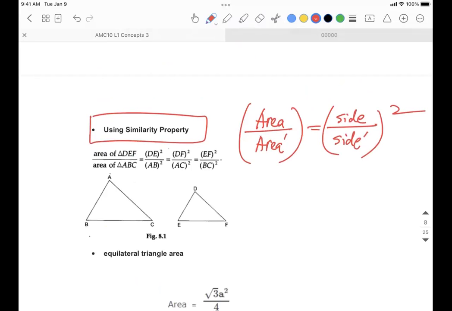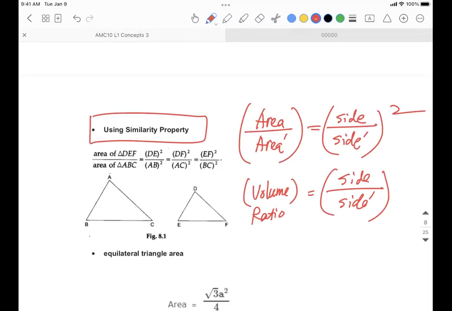Do you guys know that? This is actually something very important. And you know what, this one can be extended. If I change the area ratio into the volume ratio, it will be the similarity ratio cubed, a perfect cube.